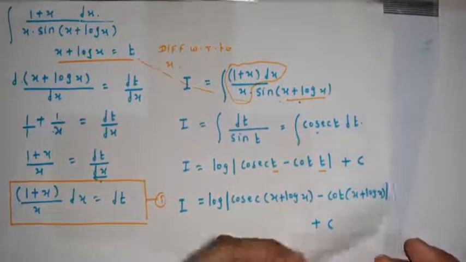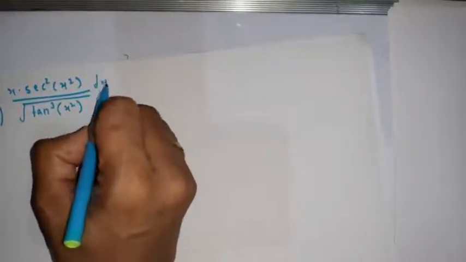Okay students, now the next problem is: evaluate the integration of x into sec square x square upon square root of tan cube x square, with respect to x.